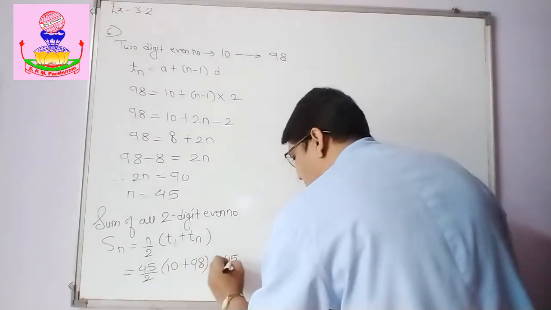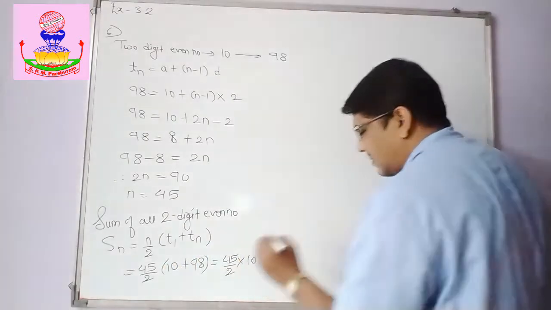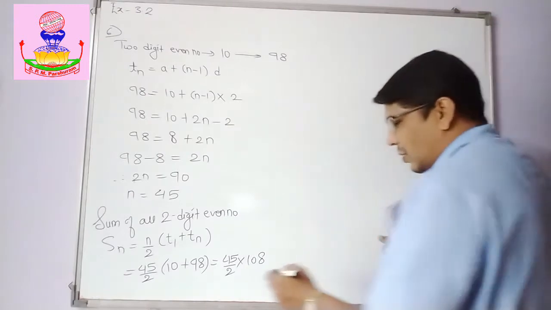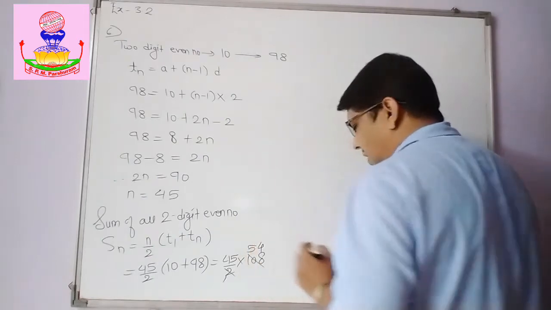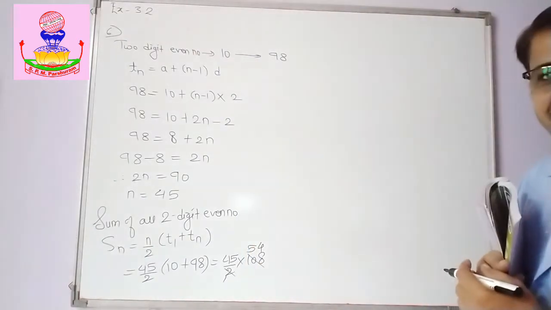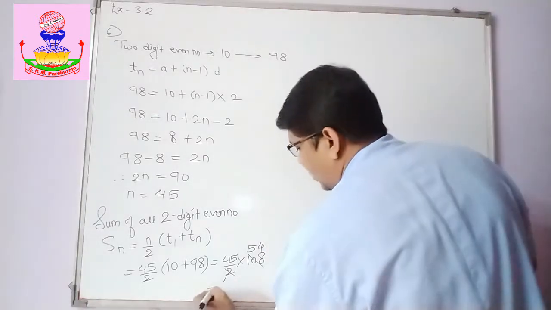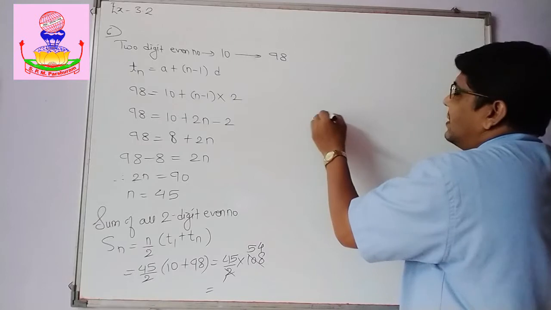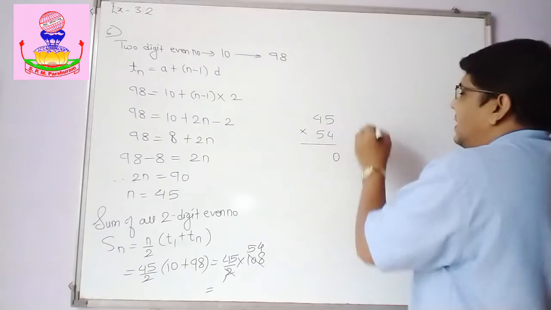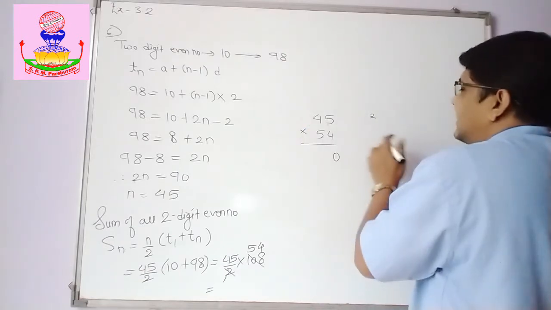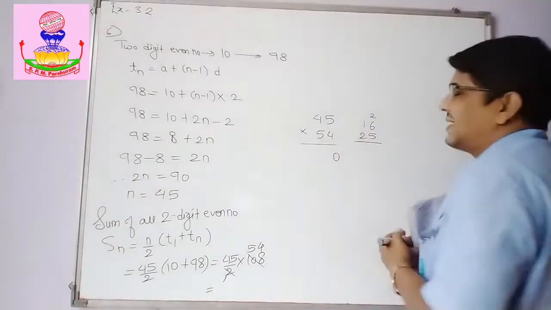So 45 upon 2 into (10 plus 98), 108. Okay, so 2 1s are 2, 2 5s are 10, 2 4s are 8. So 54, right? Now 45 into 54. You know the Ganesh method of multiplication. 5 4s are 20, 2 carry on. 4 4s are 16, 5 5s are 25.